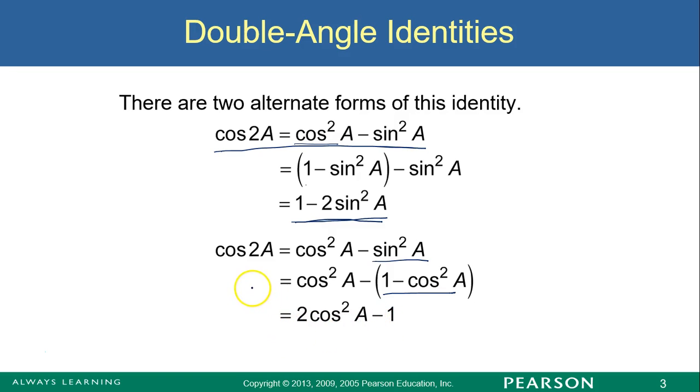So again, if we're looking for a cosine of 2A value, and the only thing we are given from the beginning of the problem is a cosine value, well, use this identity rather than this one or this one. Okay, so let's take another look at some more identities.